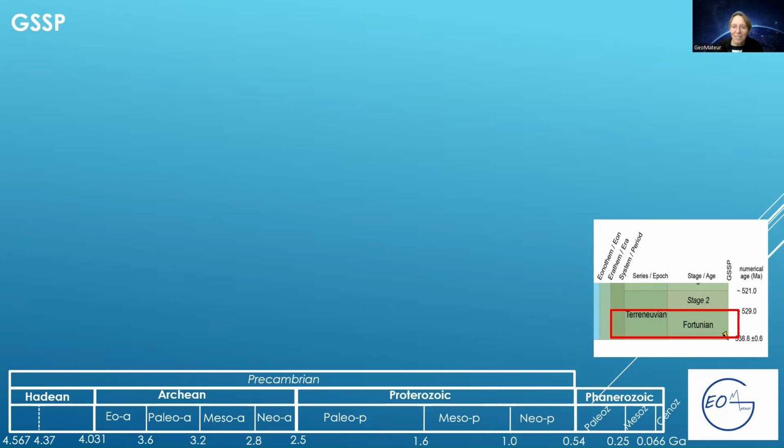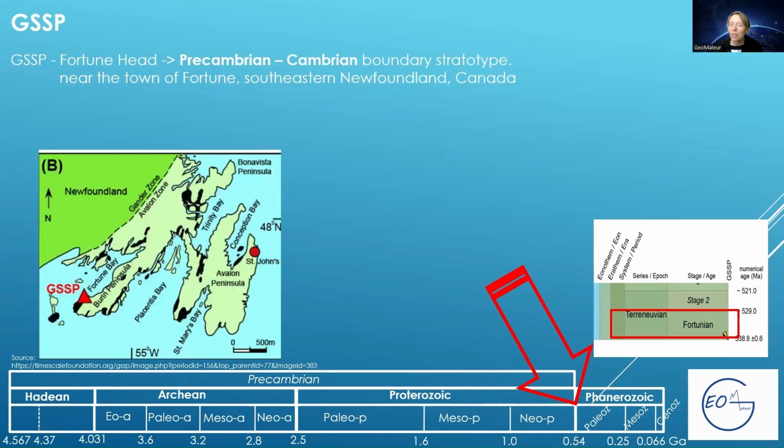So why is this GSSP so special? Because it marks the border between Precambrian, you remember the term Precambrian, and Cambrian. So it's the border between two eonothems, Proterozoic and Phanerozoic. And yes, you've heard very well.